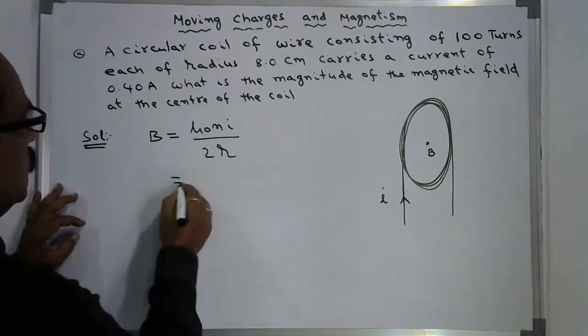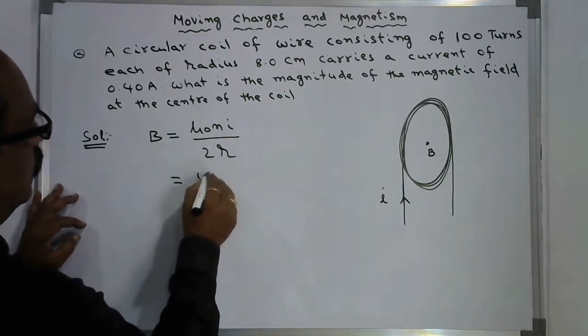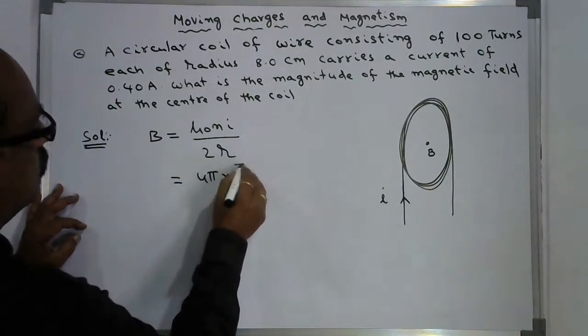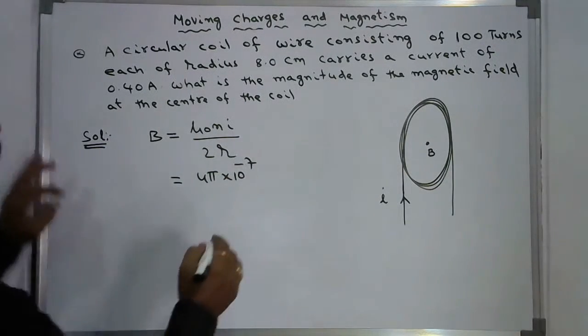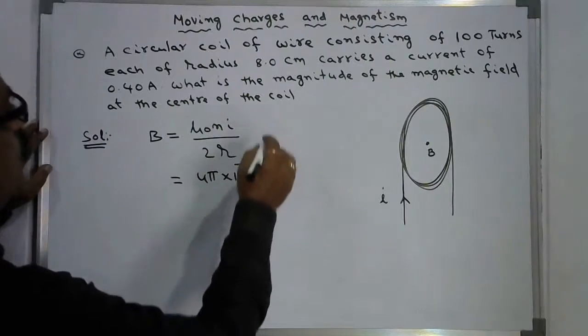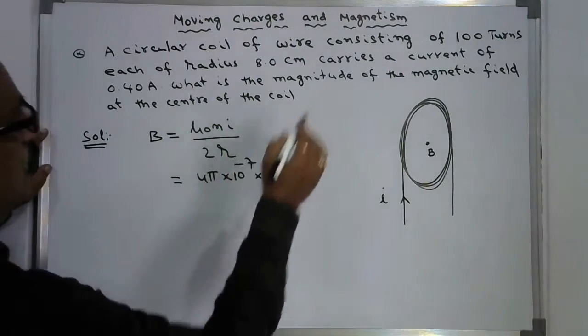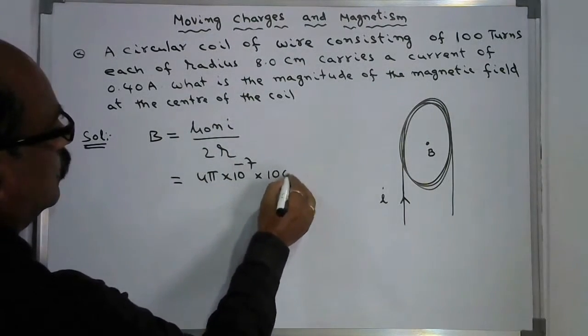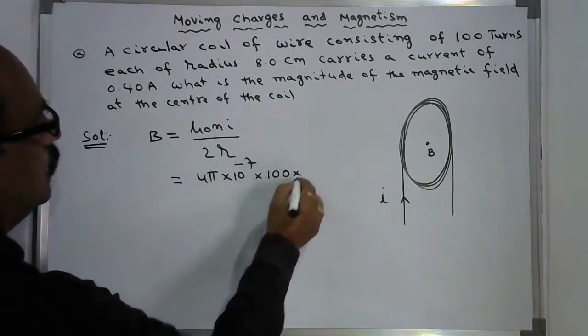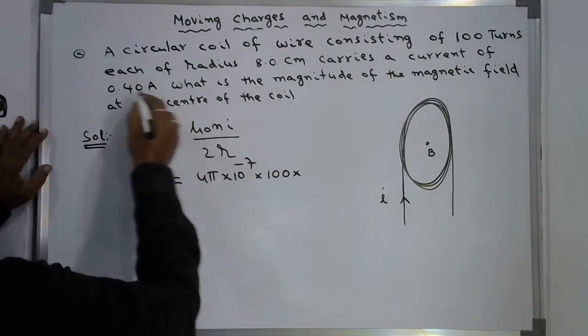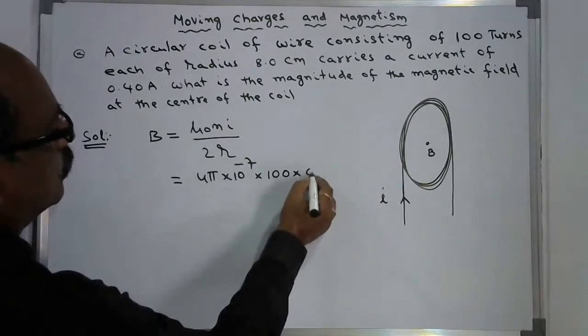So mu naught is 4 pi into 10 power of minus 7, into the number of turns. How many turns are given? 100 turns. Into, what is the current given? 0.4 amperes.